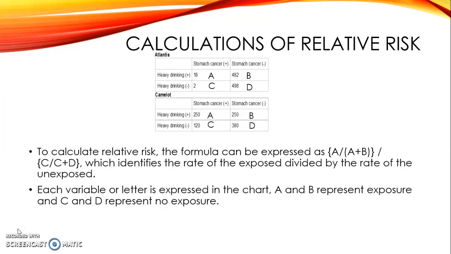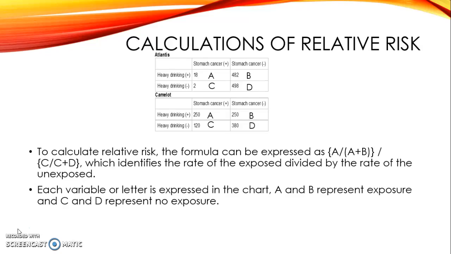So how would you calculate relative risk? The formula can be expressed as A divided by A plus B, divided by C divided by C plus D. And this identifies the rate of the exposed divided by the rate of the unexposed.